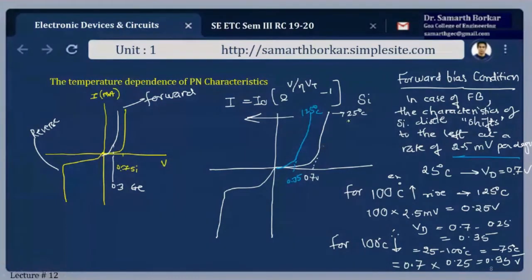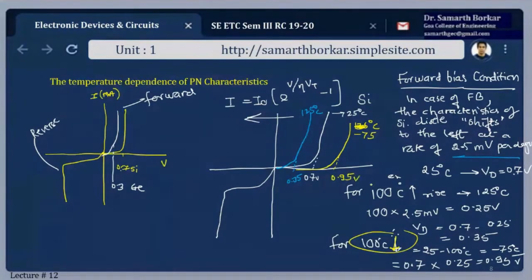Sorry, this is minus 75. Just make the change. Okay, minus 75 degrees Celsius. I'm going 100 degrees Celsius down, so 25 minus 100 is minus 75. So at minus 75 degrees Celsius, the barrier potential increases to 0.95 volts.